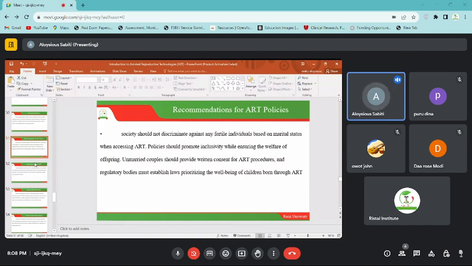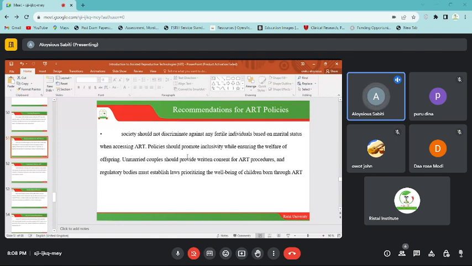So we want to give some recommendations for these ART policies, and we're saying that they should not discriminate against any infertile individual based on their marital status when accessing ART. Policies should promote inclusivity while ensuring the welfare of the offspring.